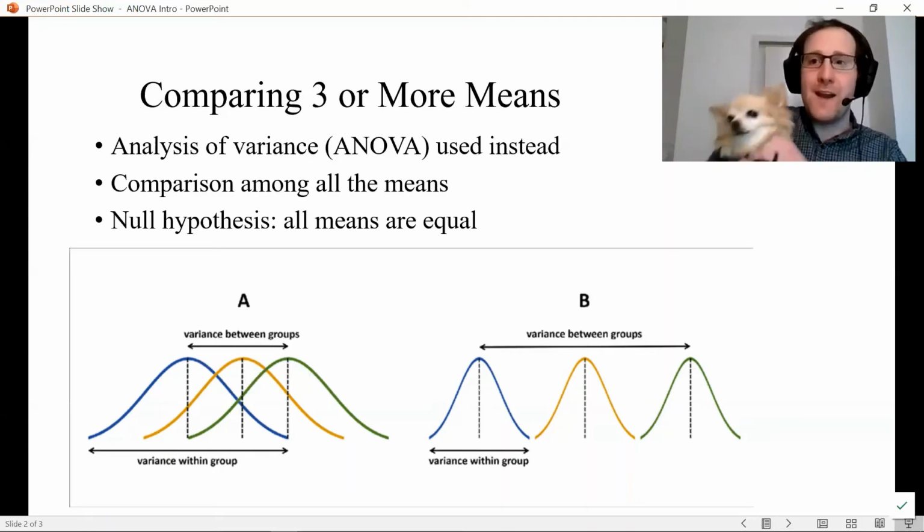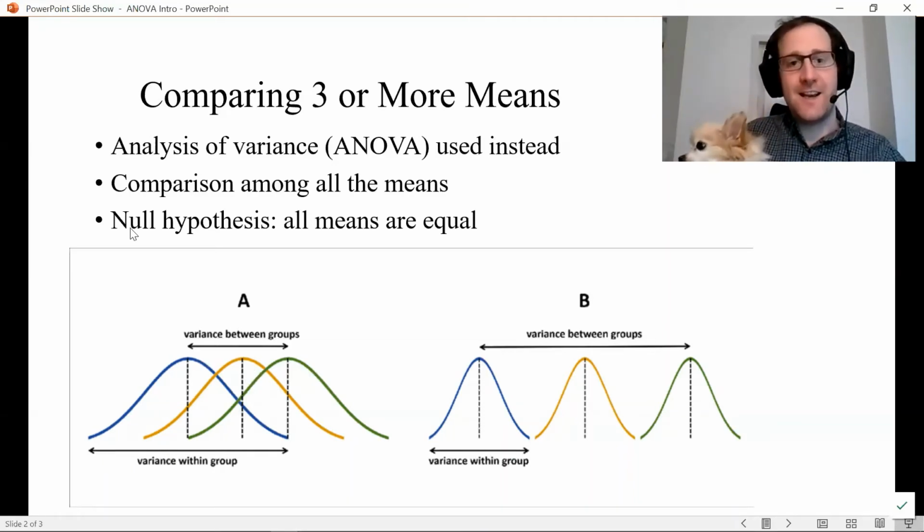So for group A, you see that there's not that huge of a difference in the means. But within each of those groups, there's a lot of variability. So it's not as big of a difference. What you see over here is that there's bigger differences between groups. So those means seem to be further apart from each other. And so within groups, there's also less variability here.